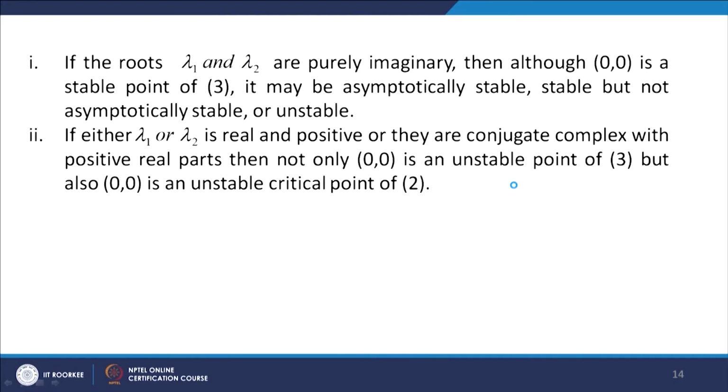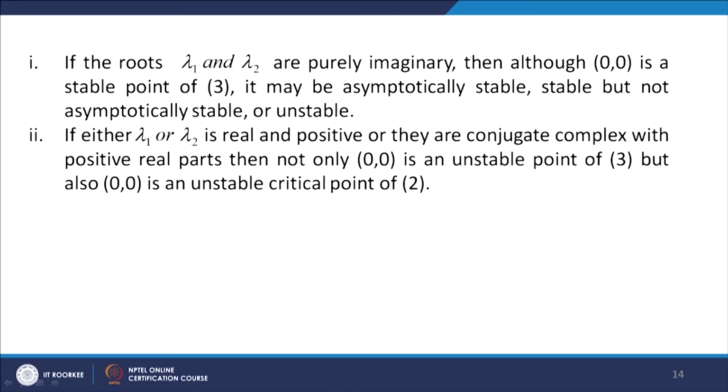Now, here are the exceptions. If the roots lambda 1 and lambda 2 of the characteristic equation are purely imaginary, then although 0 0 is a stable point of the linear system, it may be asymptotically stable, stable but not asymptotically stable, or an unstable critical point for the corresponding nonlinear system.